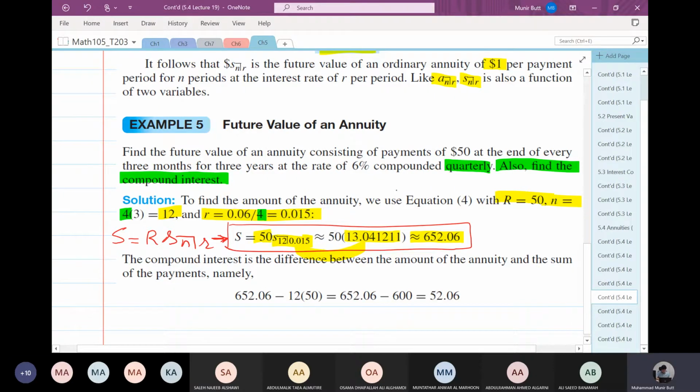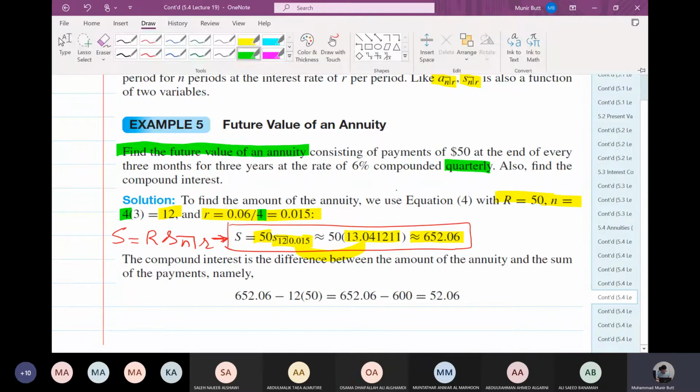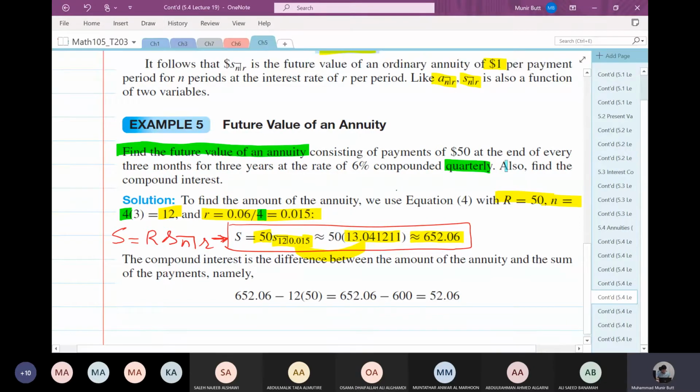Okay, now there is another thing. Instead of finding the future value of an annuity, he asks to also find the compound interest. So how to find this one? Let me use another color. He asks to find also the compound interest.